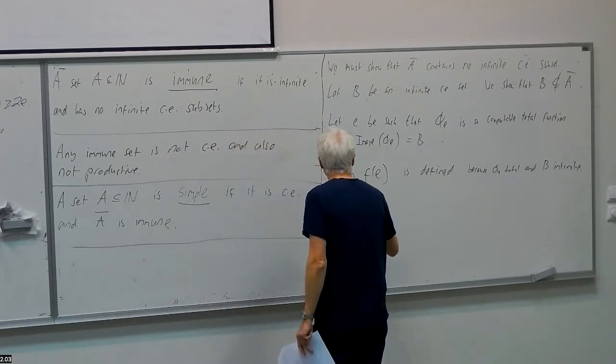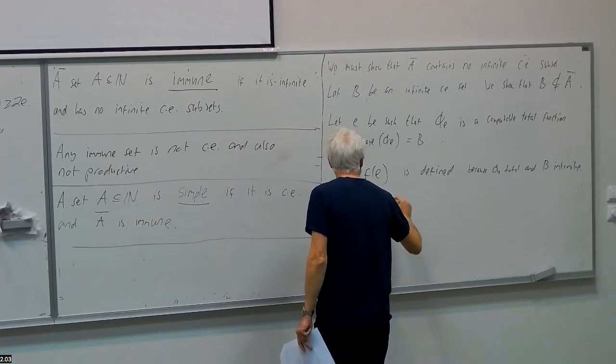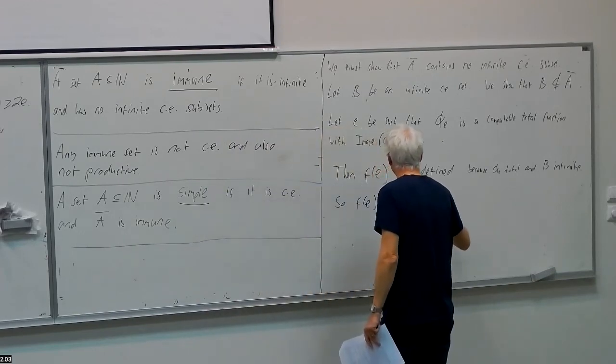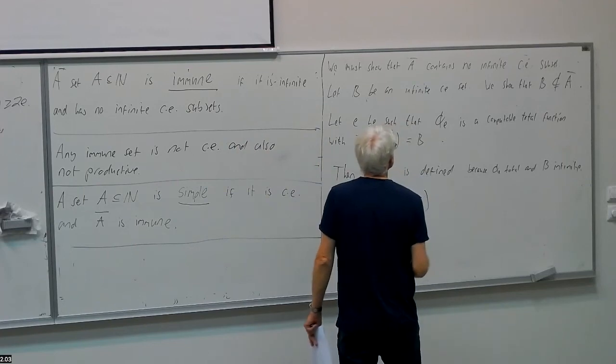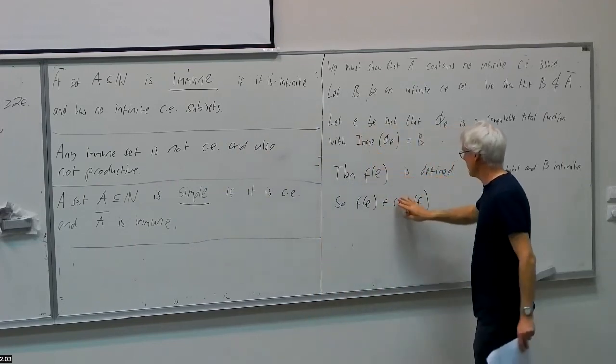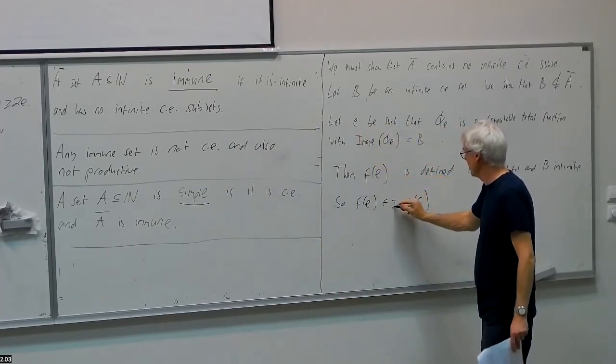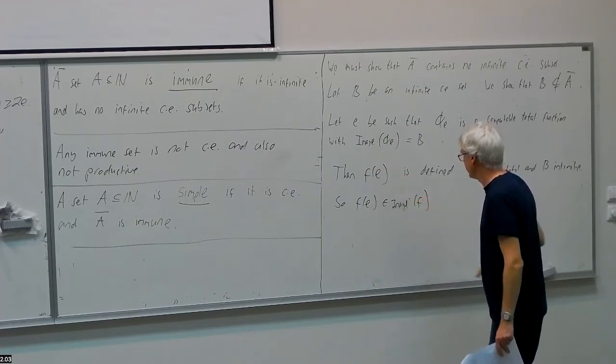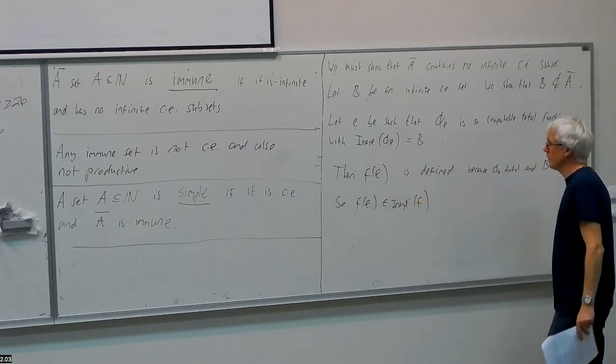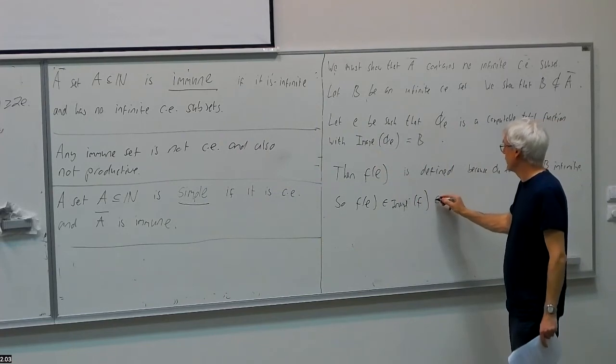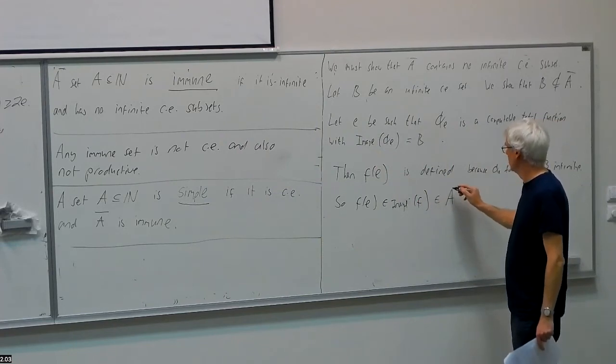So f of B is clearly in the image of F, so it belongs to A.